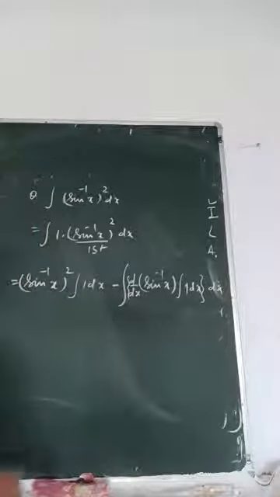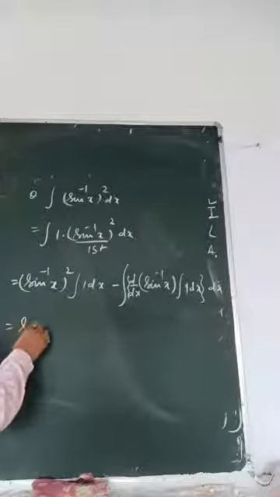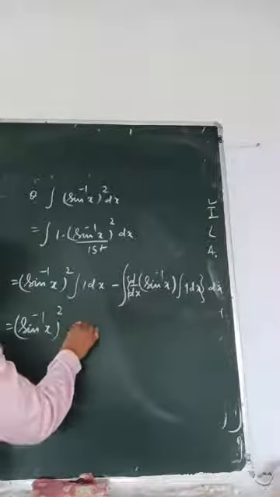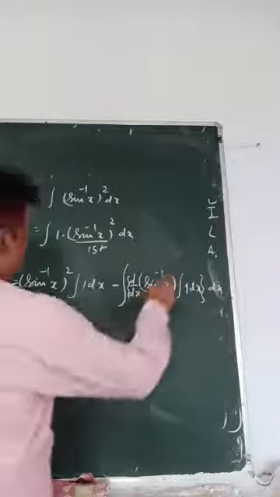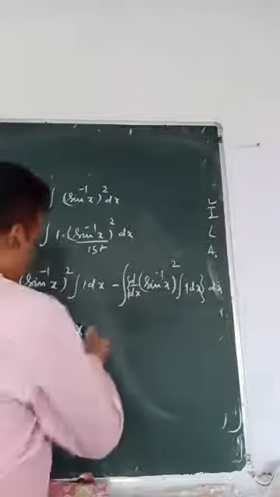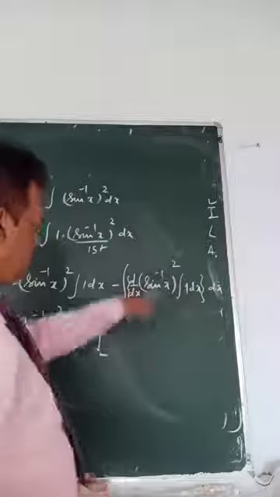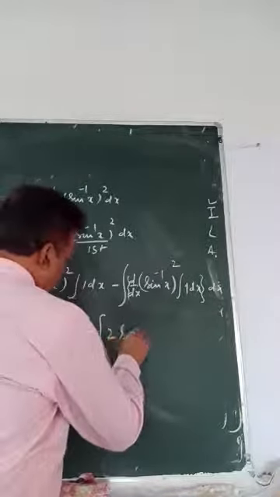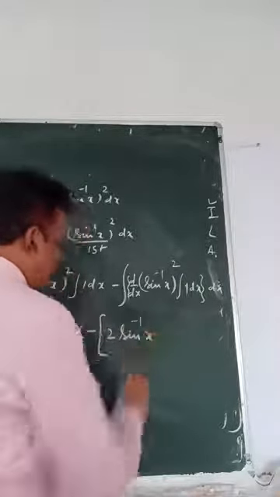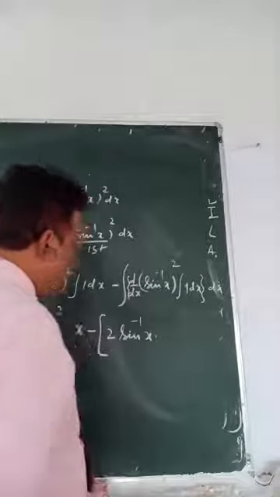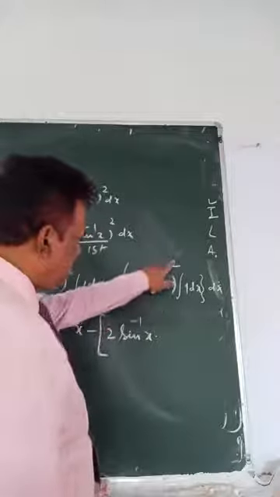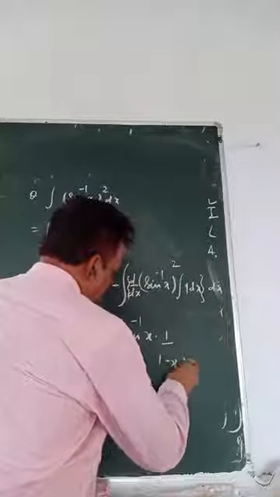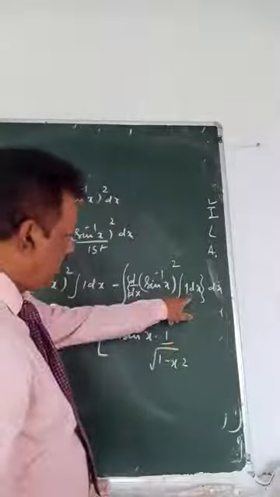Okay, sin inverse x whole square into x. This is square here. So look at nth formula first, the derivative 2 sin inverse x, derivative of sin inverse after nth formula, then base, then it is 1 by root of 1 minus x square, then integration of 1 is x.